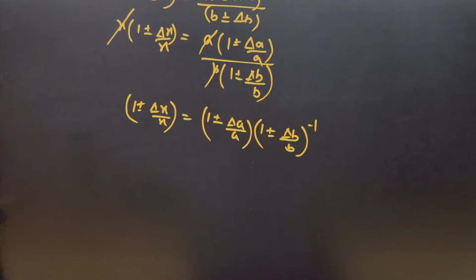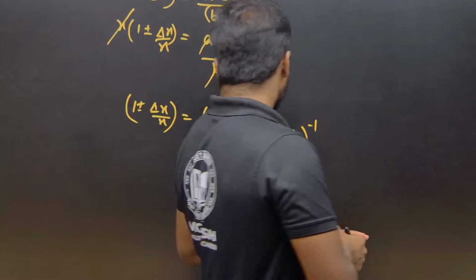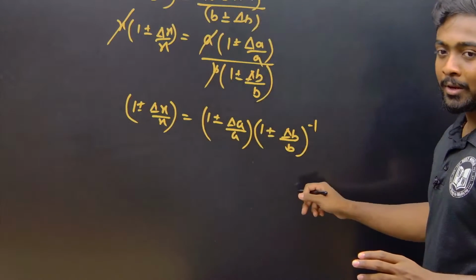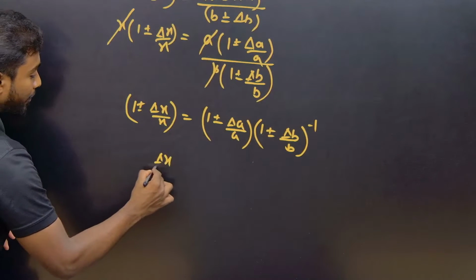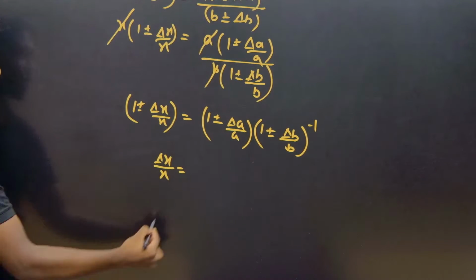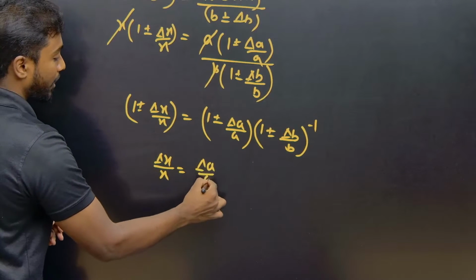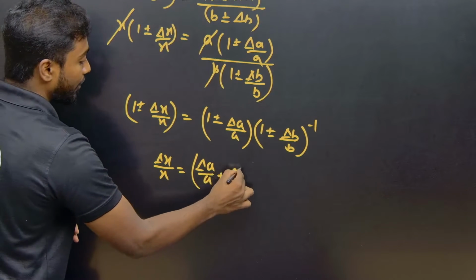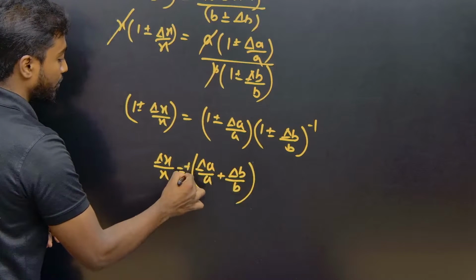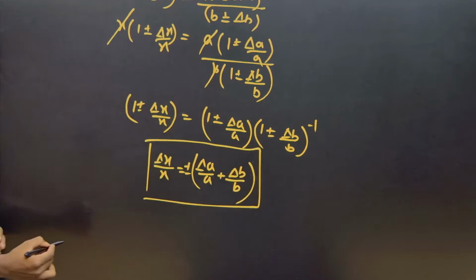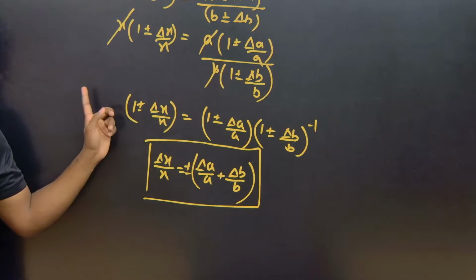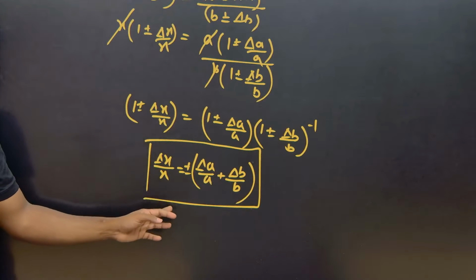Again if I expand similarly, I will get the same formula only: delta x by x should be equal to delta a by a plus delta b by b. It's plus or minus, that's it. So for addition and subtraction, I can do it directly. For multiplication and division, I need to use the formula.